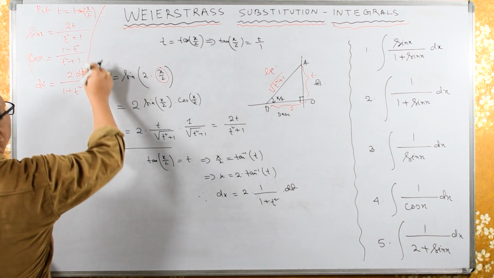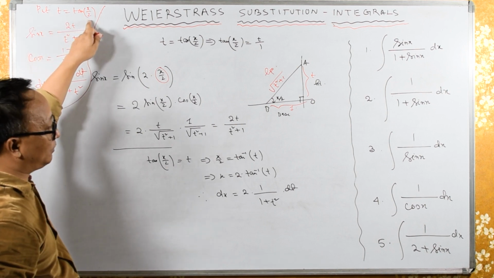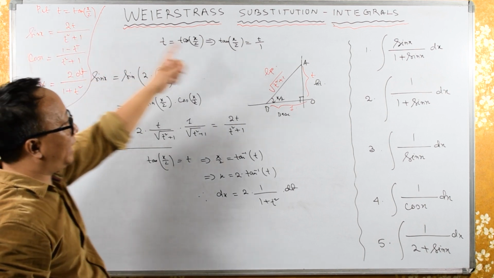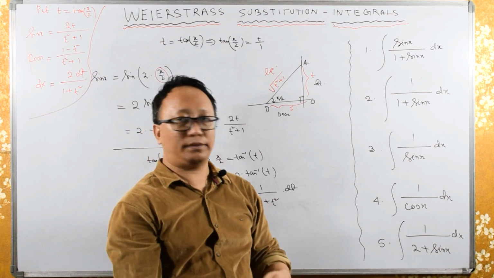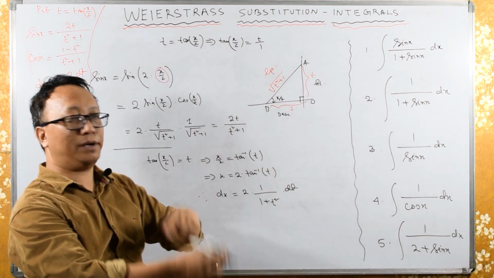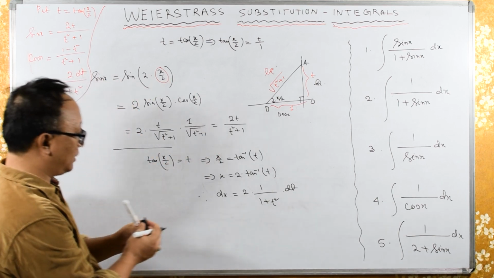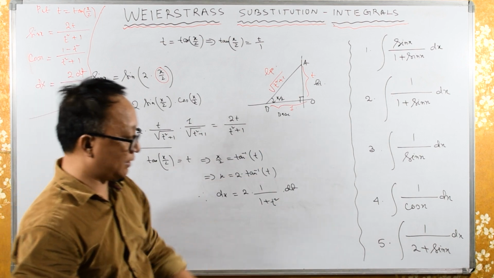These are all standard. If you substitute t equals tan x by 2, then you have to convert the whole integral into terms of t, solve it, and then come back into x. So by this substitution, let's solve all of these, 1 2 3 4 5.